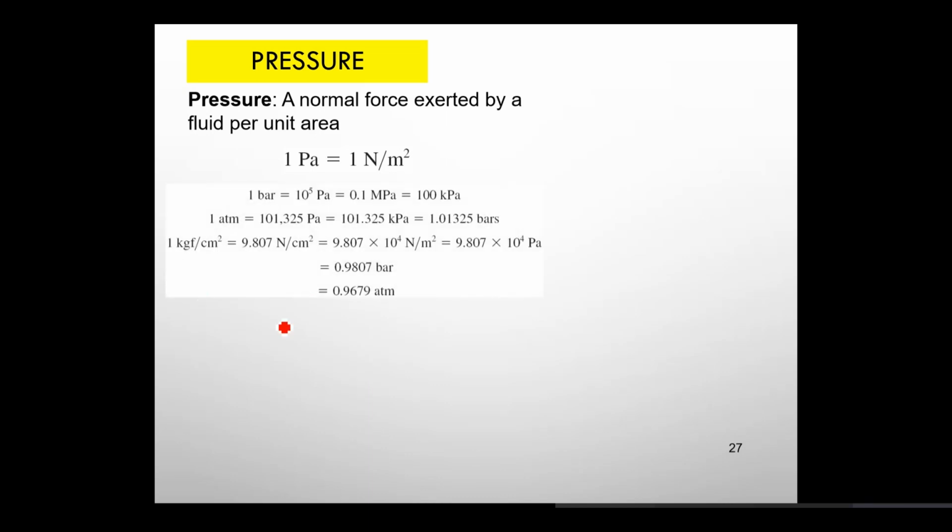These are a few of the conversions shown, which say that 1 bar, which is relatively very small, is equal to 0.1 megapascal or 100 kilopascal. 1 atmosphere is 101,325 pascal or 1.01325 bars, which means bar and atmosphere are roughly the same. All right. kgf per centimeter square is probably not needed that much, but you should be familiar with Newton per meter square or pascals. You'll be frequently using these conversions.